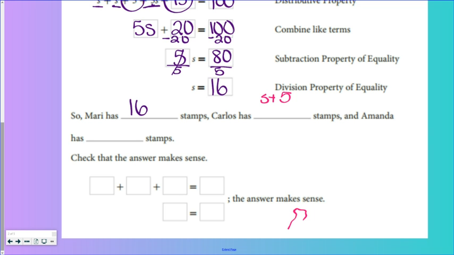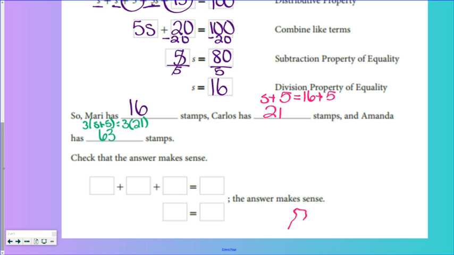So if S is 16, Carlos has 16 plus 5 stamps, or 21 stamps. Amanda is 3 times S plus 5, or in this case, 3 times 21. So Amanda has 63 stamps.